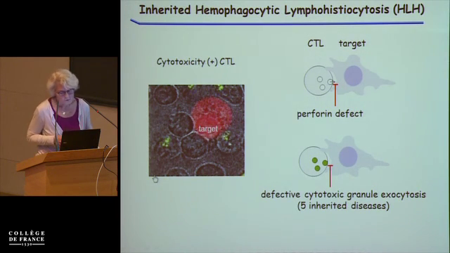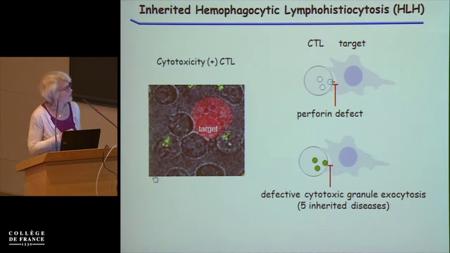And thus, several inherited disorders affect the cytotoxic activity. One of these is due to biallelic mutation in the gene which encodes the lytic protein perforin, which is inside the granules and is required for the access of granzyme into the cytoplasm of target cells, and thus regulates the ultimate step of the cytolytic activity.